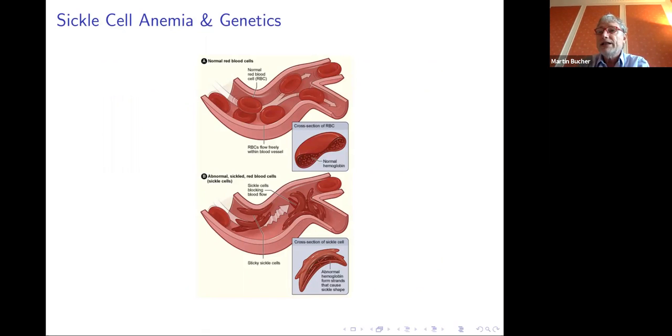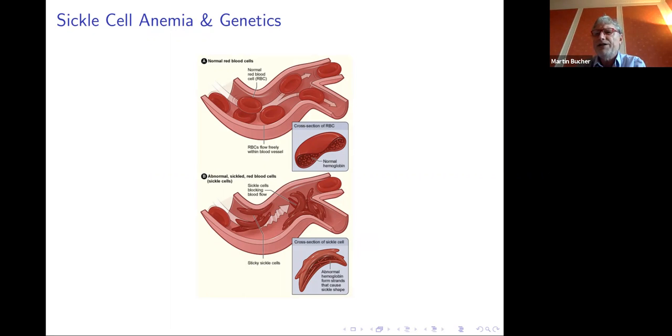So I explained to you in general terms what mutations are and what diversity there is in the human genome, and likewise any other species.